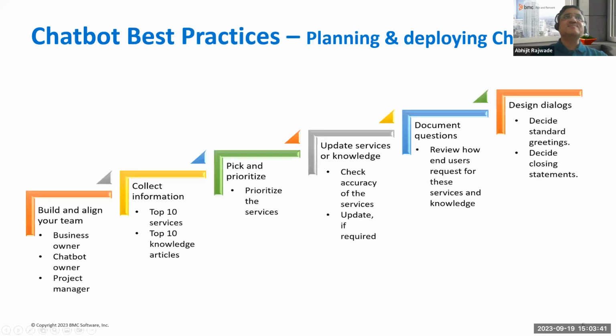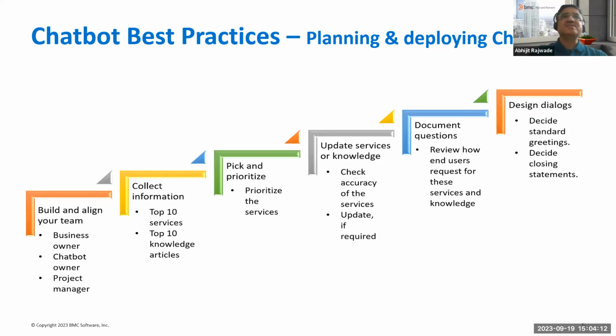This particular picture is capturing the process of designing a bot. First you build and align your team with the different personas that we talked about. The next important step is to collect information related to your top 10 services or top 10 knowledge articles that you expect to be used from your bot. Once you have identified these, then you go and pick and choose or prioritize amongst these use cases.